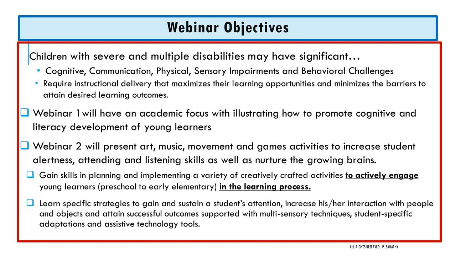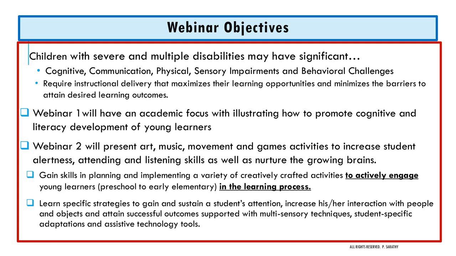So they do require instructional delivery that maximizes their learning opportunities and minimizes the barriers to attain learning outcomes. And this is not a homogeneous population, and you would have diversity of needs, strengths, preferences, and interests that these children exhibit.